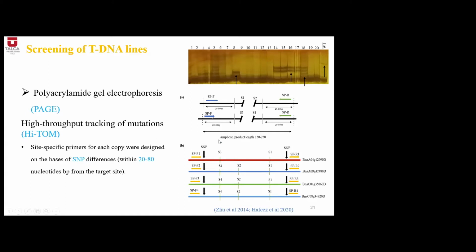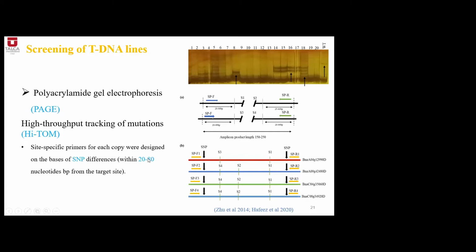Before Hytom, people said to rely directly on sequencing, like NGS sequencing and other things. But this is not so reliable with CRISPR-Cas9, whereas Hytom is very reliable for this. For Hytom, first we need to design specific primers, which I have already described, between the targets.